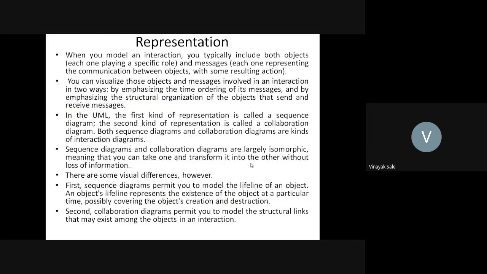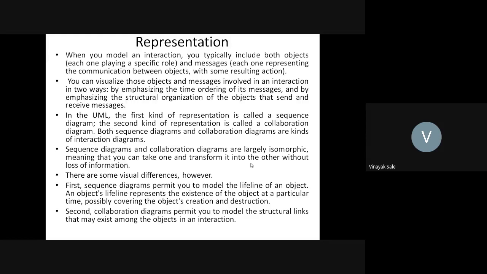So what is the representation? When you model an interaction, you typically include both objects and messages. Objects, each one playing a specific role, and messages, each one representing a communication between objects with some resulting action. You can visualize these objects and messages involved in an interaction in two ways: by emphasizing the time ordering of the messages, and by emphasizing the structural organization of the objects that send and receive the messages.